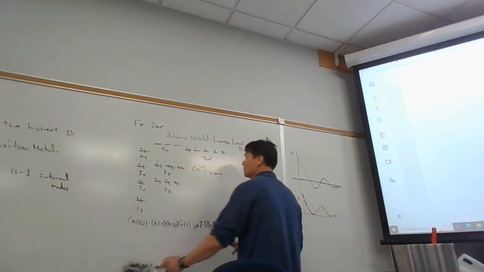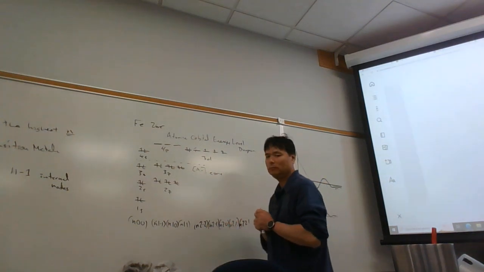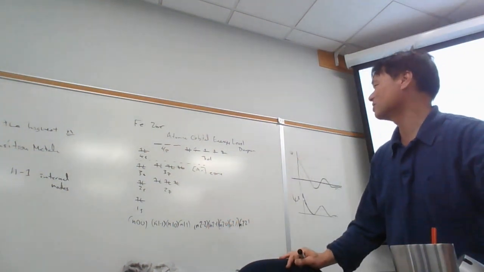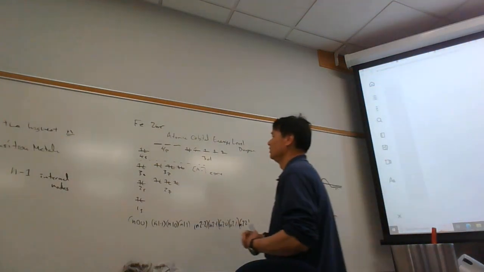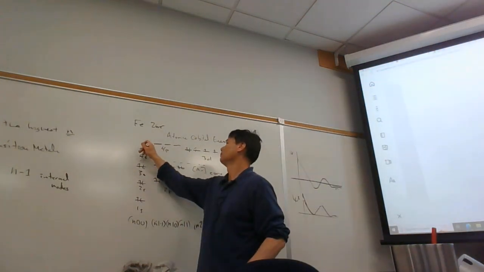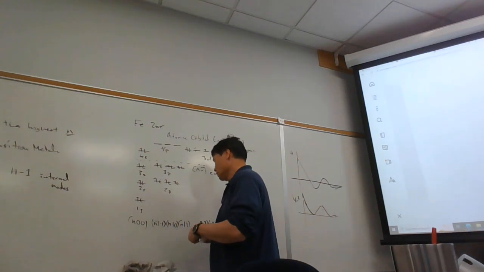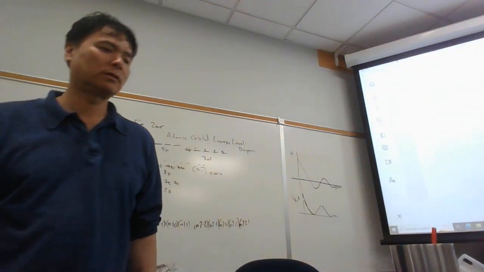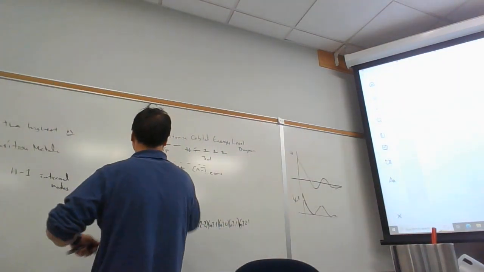Oh, I need to go back to this for a second. So the weird thing about this is how many valence electrons does iron have? Two, for 4s. So a common charge for iron is plus 2. Another common charge for iron is plus 3.